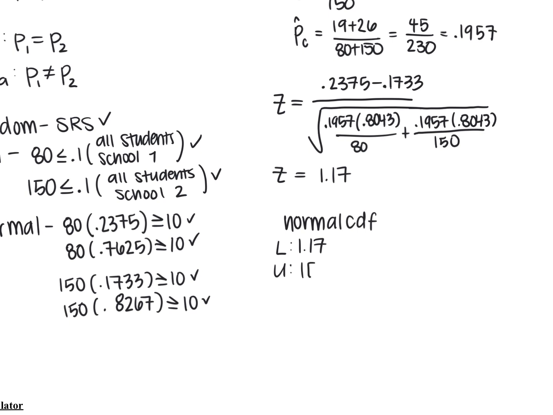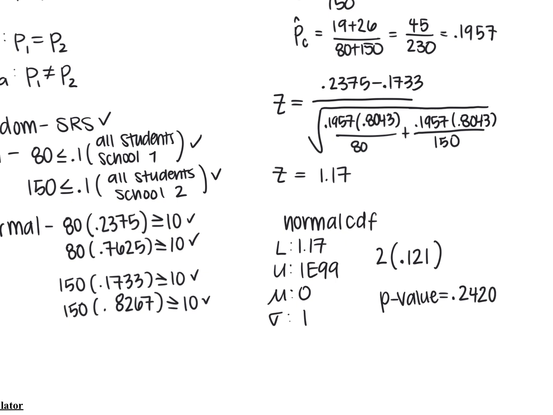My upper bound is going to be 1E99, mean of 0, standard deviation of 1. And we're going to get 0.121. Now remember, whenever our alternative hypothesis does not equal, we have to double this p-value because I could have been above or below. I have to do that combined area, which means I get a p-value of 0.2420.